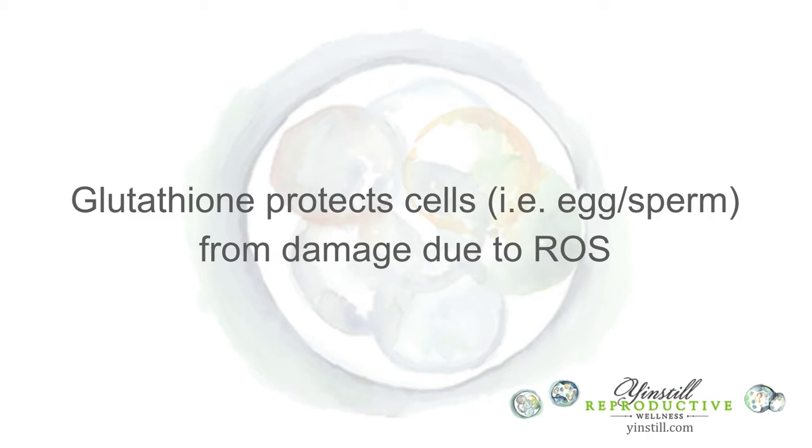Within its role as the body's most important antioxidant to protect cells, glutathione is capable of preventing damage to important cellular components caused by the ROS, such as free radicals and peroxides, xenobiotics, basically anything toxic and foreign to the body, and heavy metals.